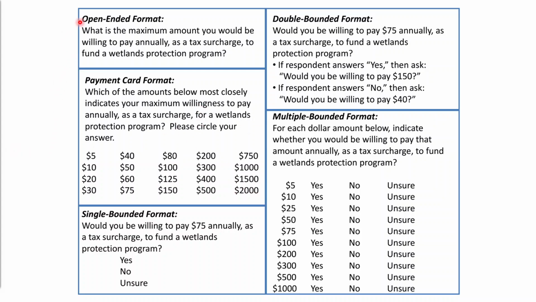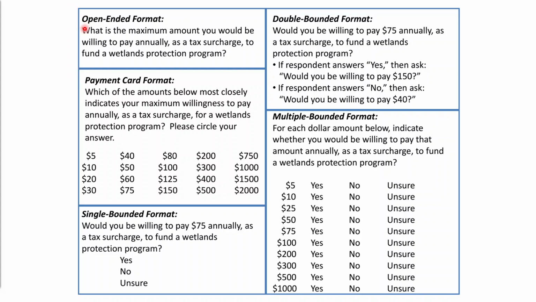For example, we can start with this open-ended format here. What is the maximum amount you would be willing to pay annually to fund a wetlands protection program? Now, this seems straightforward enough, and the question is trying to get at the maximum willingness to pay, the value of the wetland to this individual who is being asked the question.